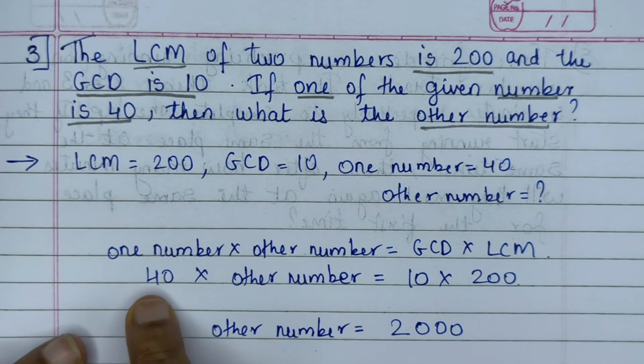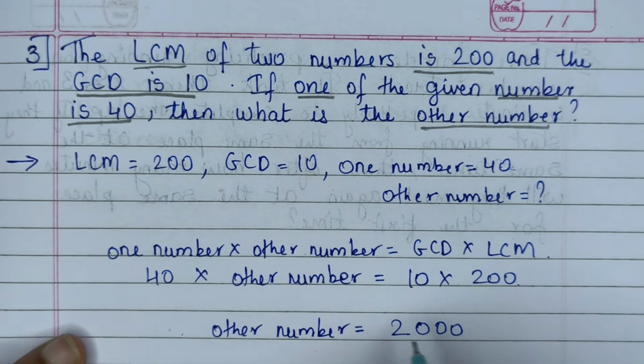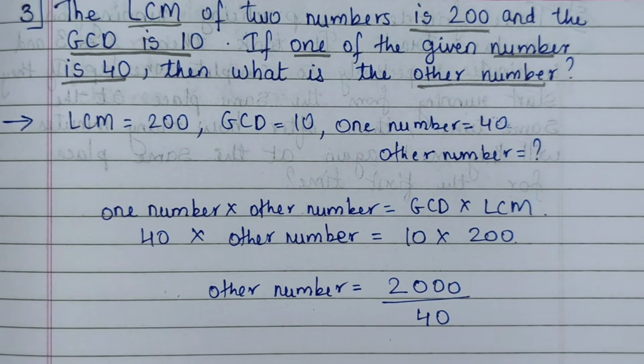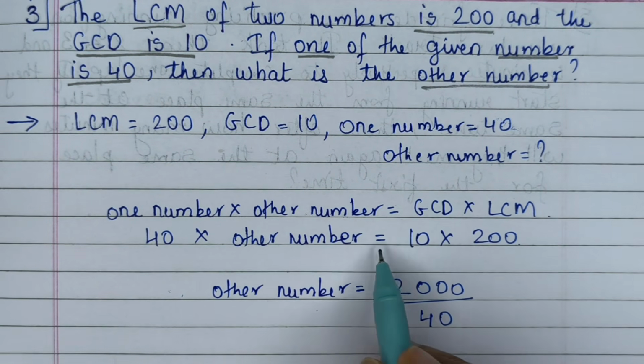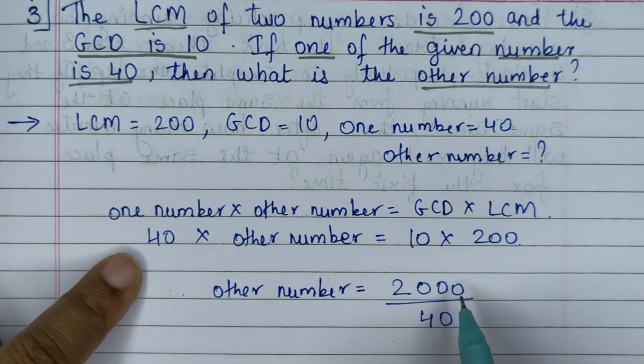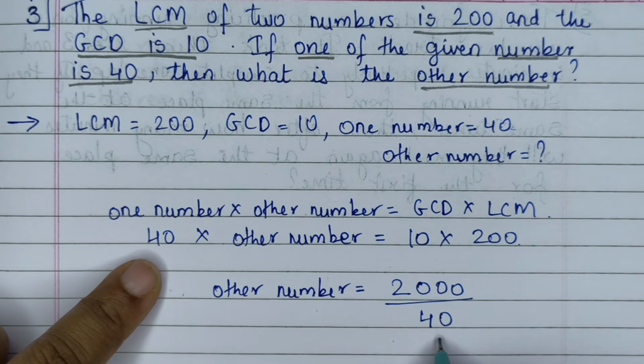And see here, I told you last time, when a number is in multiplication and you bring it to the other side, it will come in division. So 40 will come here in division. Other number is equal to 200 multiplied by 10, 2000. 40 is in multiplication here, it will come here in division.